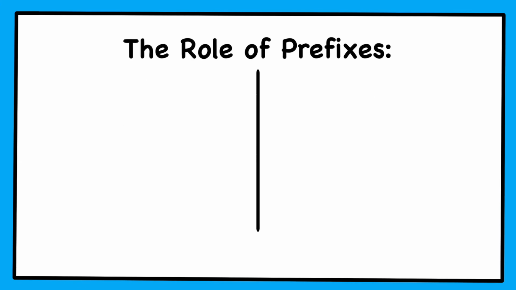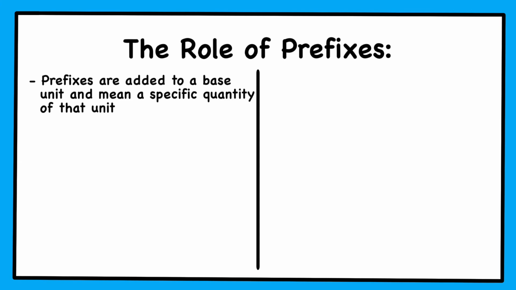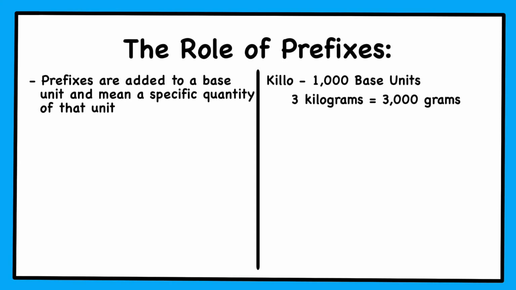To better describe the range of possible measurements, scientists have added prefixes to base units. These prefixes can add onto any base unit and mean a significant quantity of that substance. For example, kilo means 1,000, so 3 kilograms means 3,000 grams.